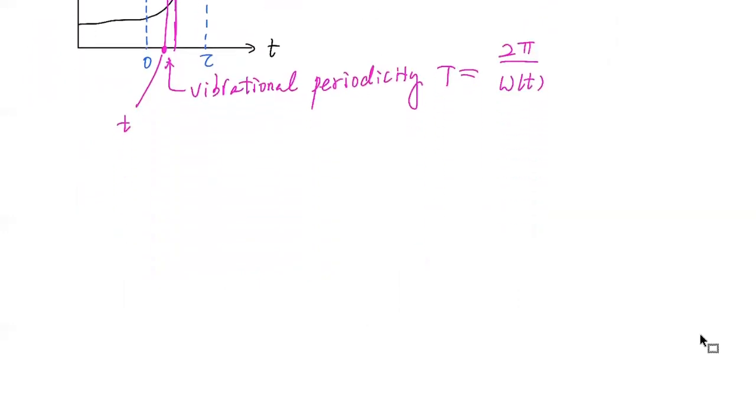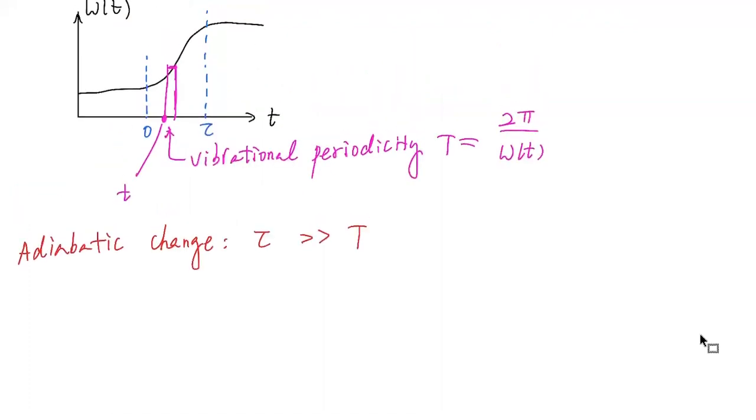Now, what is adiabatic? Adiabatic change means tau is much larger than T. That is, omega is varying slowly.